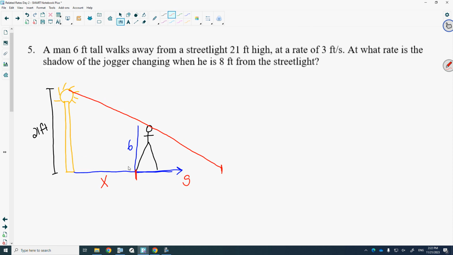Okay, let's see what else we could write. Origin is technically right here. He's walking away from the light, and when you walk away from the street light, it's positive. The man is walking away at 3 feet per second, so the rate at which he's walking, dx/dt, is 3 feet per second.